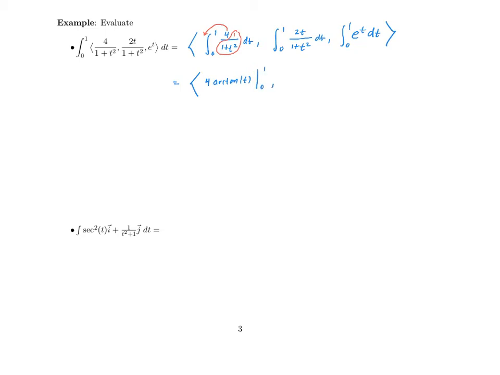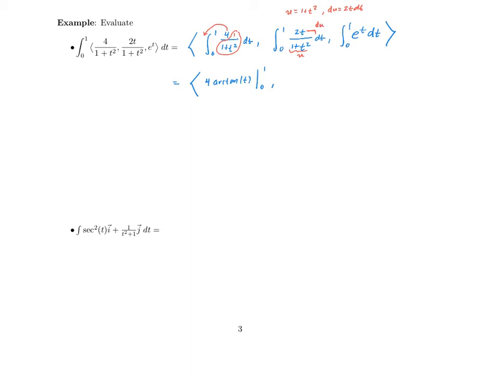And for this middle antiderivative, there's kind of two choices. I am perfectly okay with you telling me immediately what that antiderivative is from our experience. Or you could note that if u is 1 plus t squared, du is 2t dt. So you see we have a u in the denominator, the 2t dt is du.